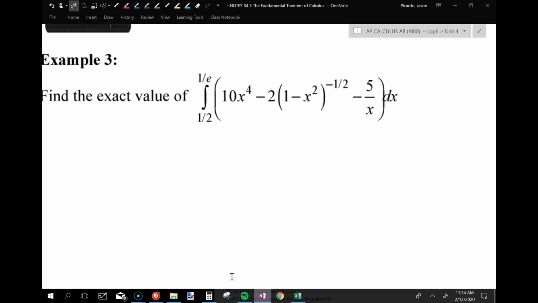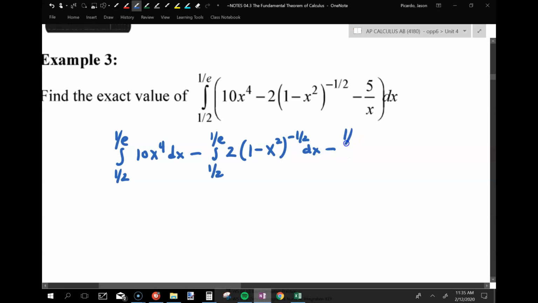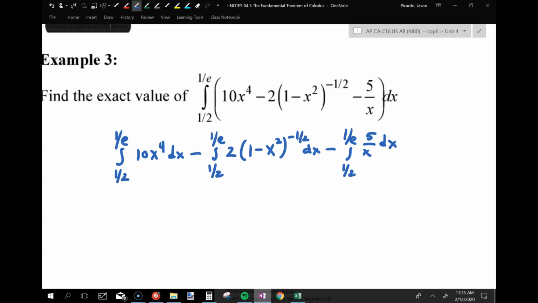Because really, this is nothing more than the integral of this, boom, right? That's all it is.